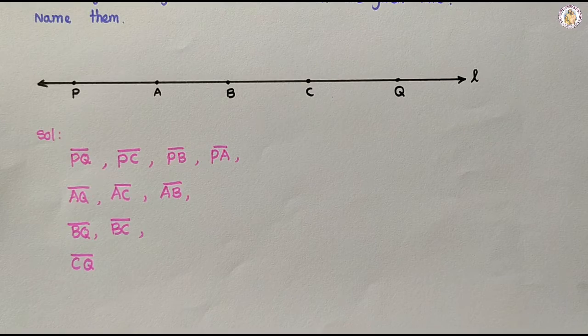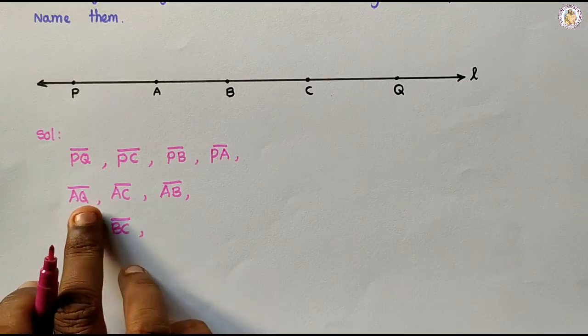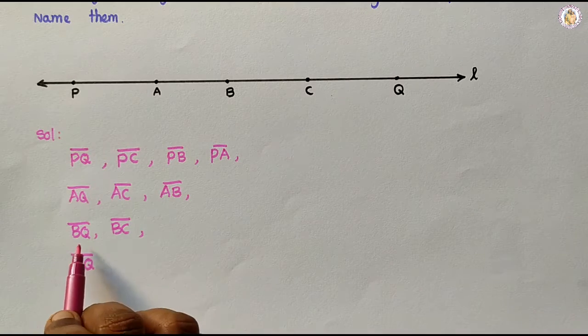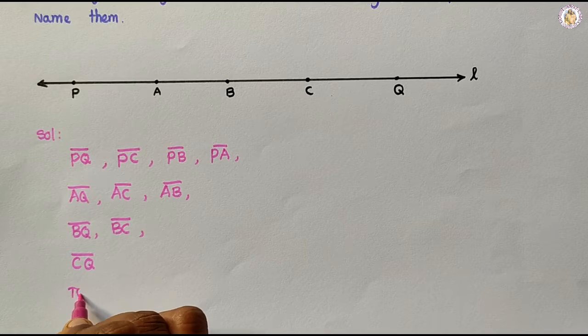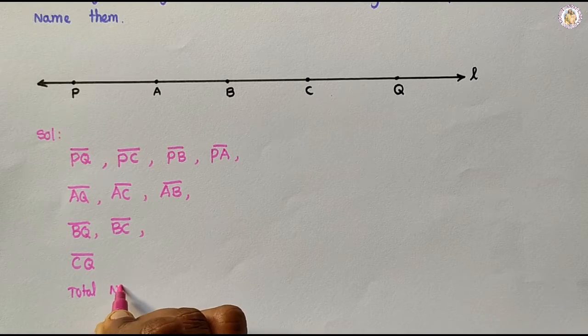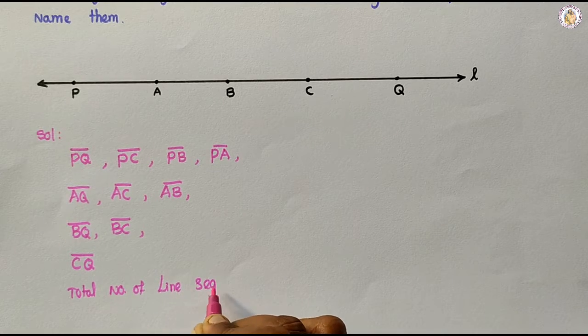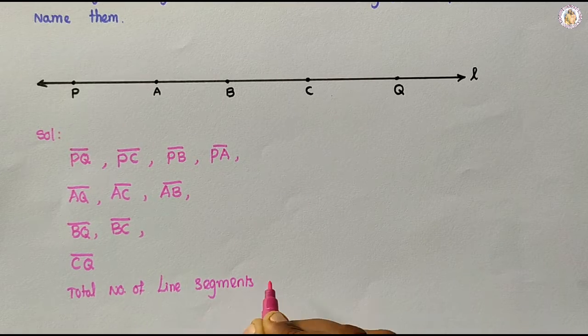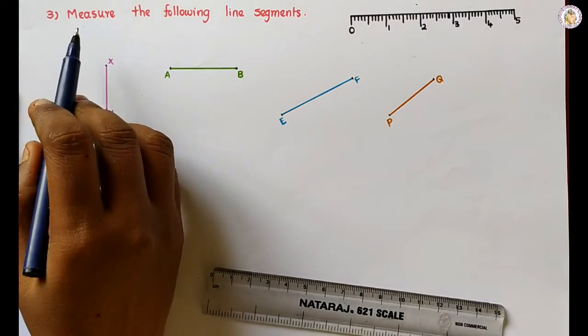Totally how many line segments? 1, 2, 3, 4, 5, 6, 7, 8, 9, 10. So the total number of line segments equals 10. That is the second sum.